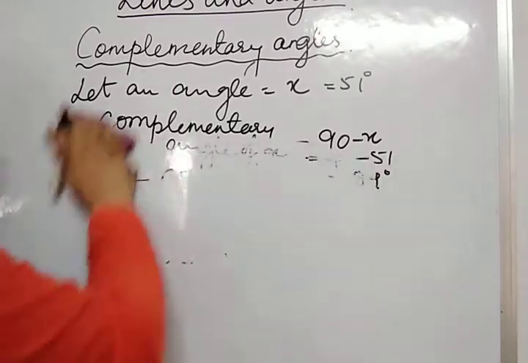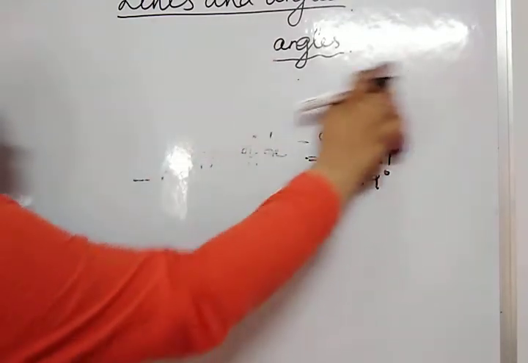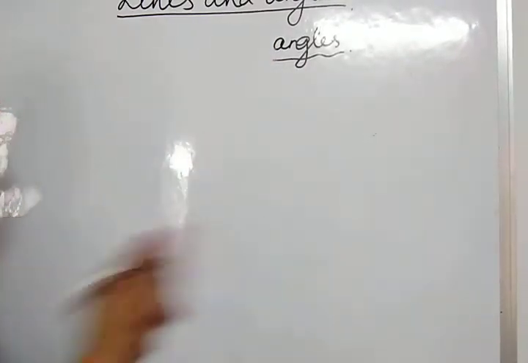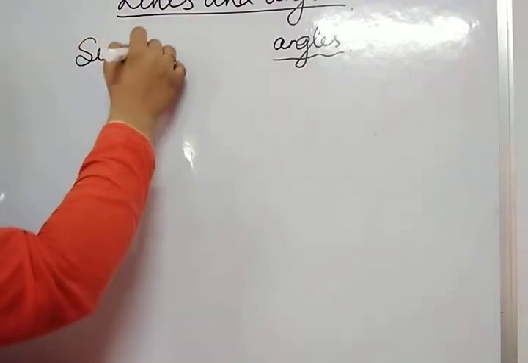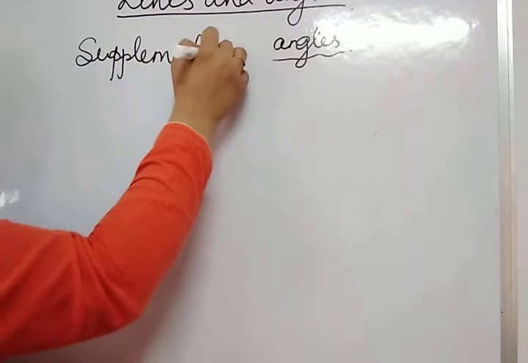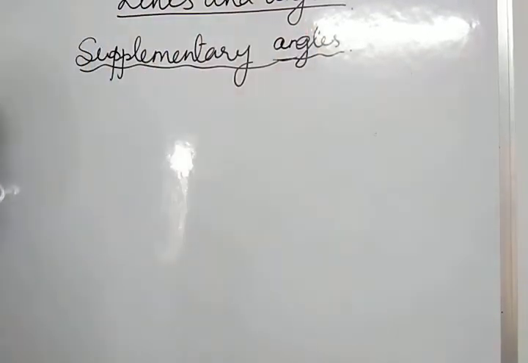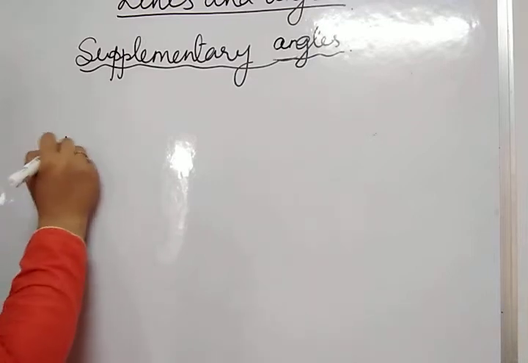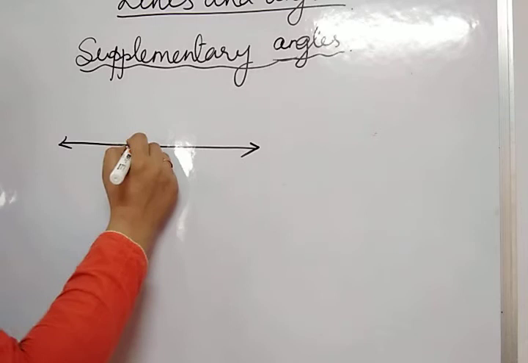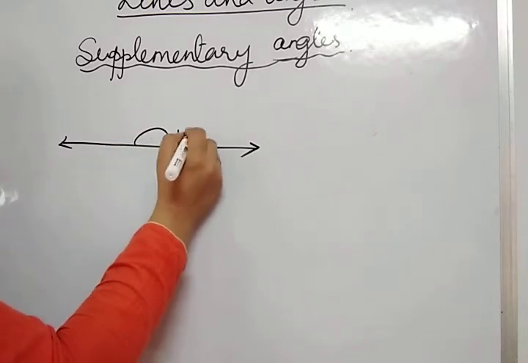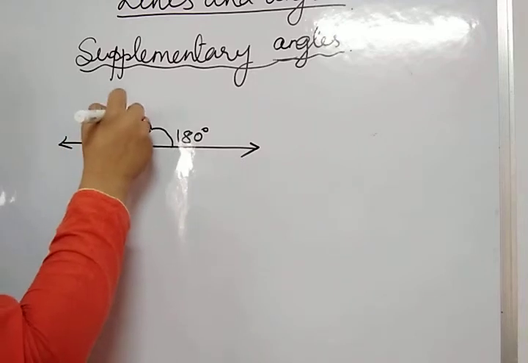Now we will see that what are supplementary angles. As you know that a straight line angle whose measures is 180 degree is called a straight angle.